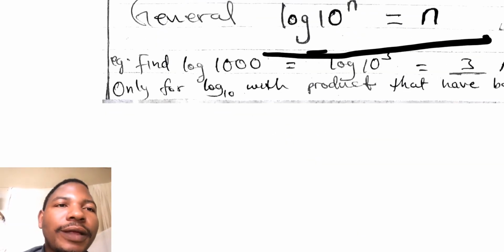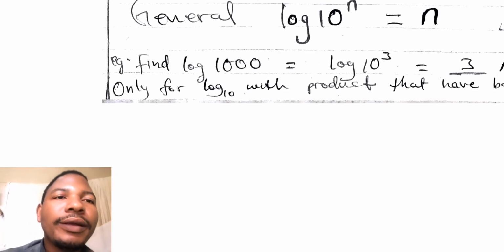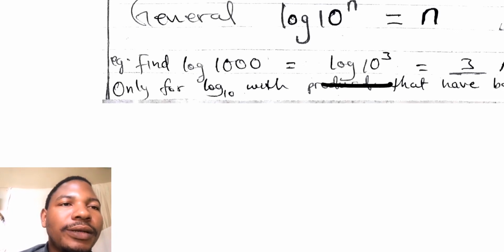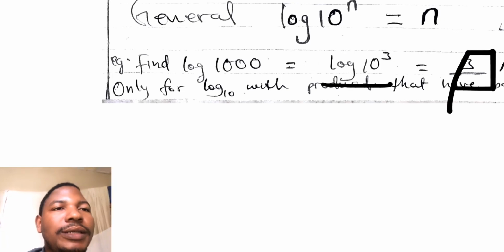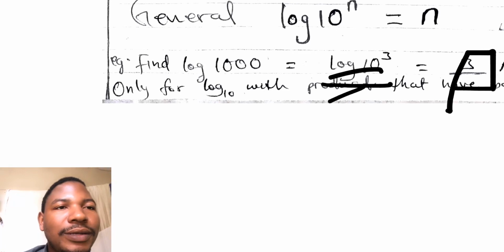Find log thousands. Okay, let us check the question. Log thousands is equal to log 10 exponent 3. Because this is 10 exponent 3, it will be equal to 3 itself. Here we have log base 10, it's going to cancel with this 10, now left with 3.